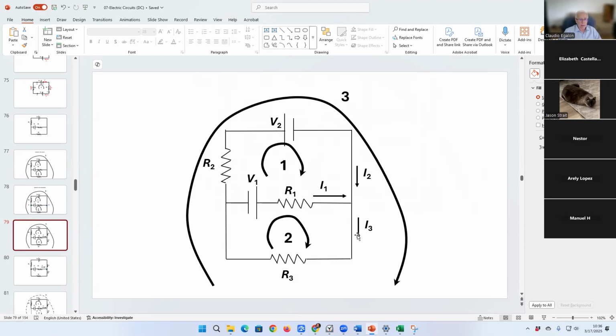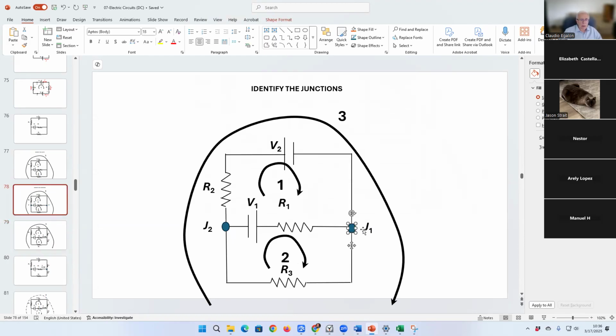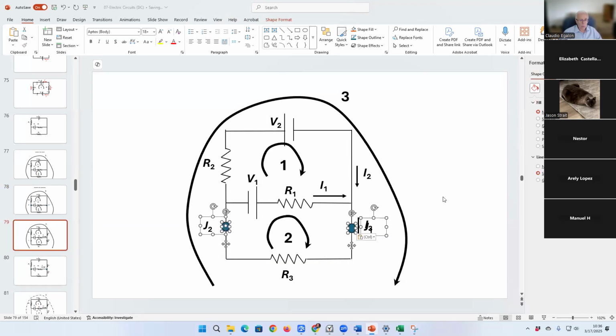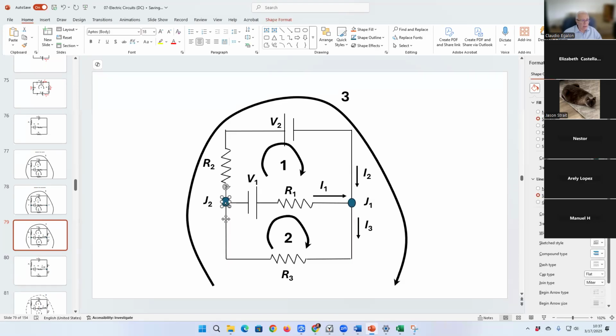And I'm calling this one I3 because it goes through the resistor R3. Notice that we have a junction here, right? Let me go back here and put the junction there.